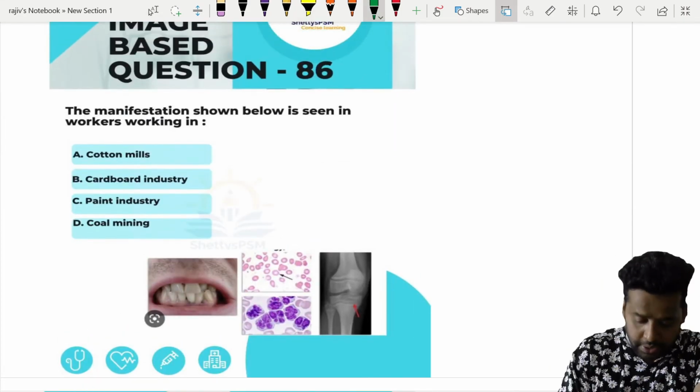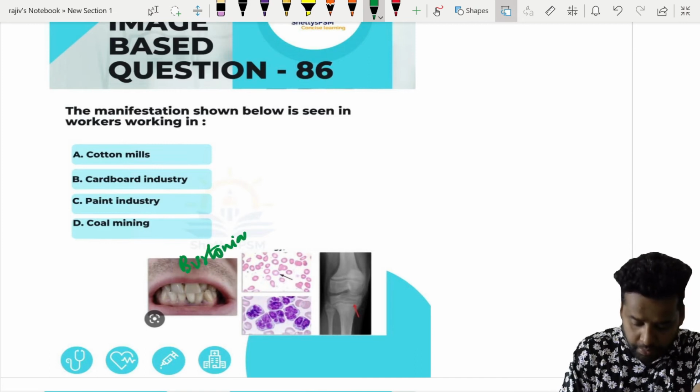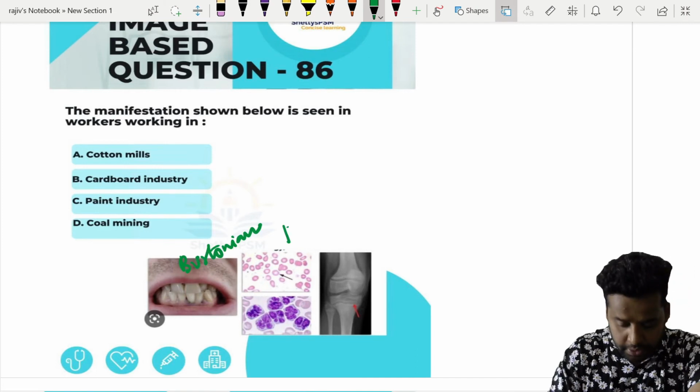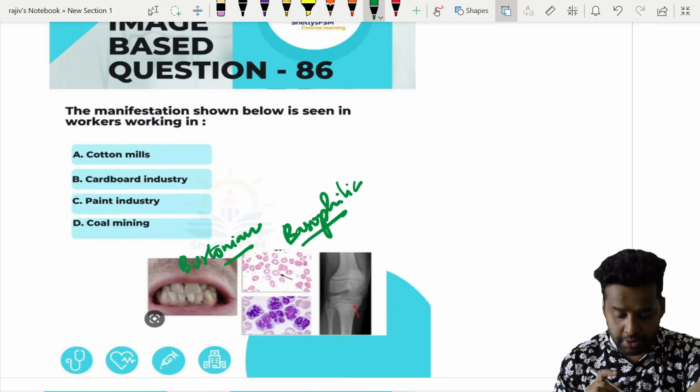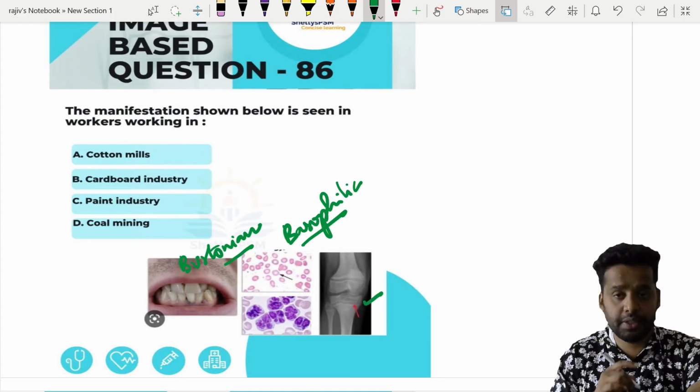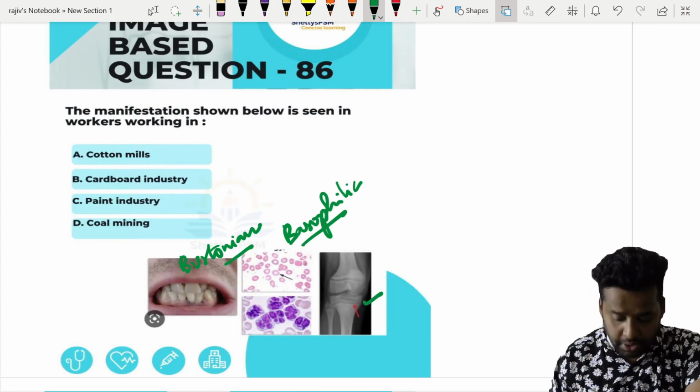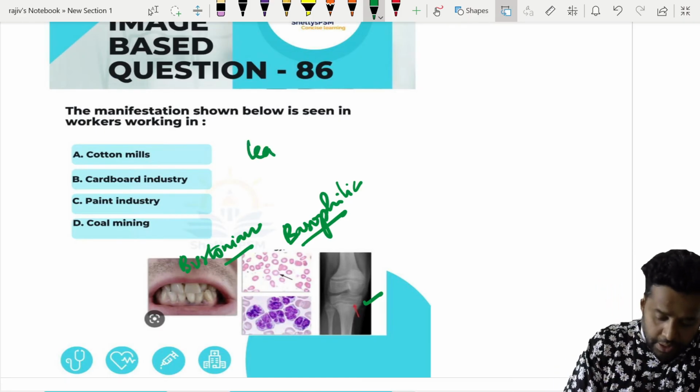Identify what you are seeing here. Burtonian lines on the gums. This is basophilic stippling of RBCs, and this is dense metaphyseal lines. All these are features of lead poisoning.